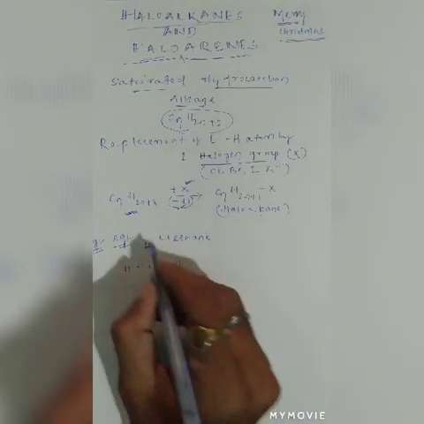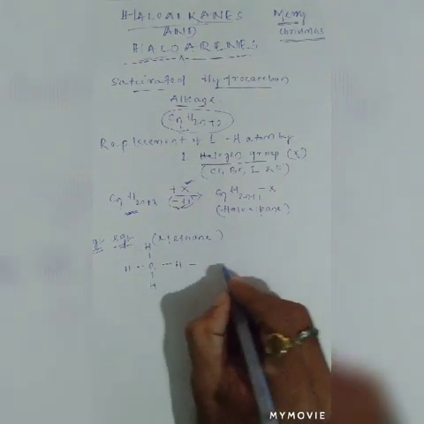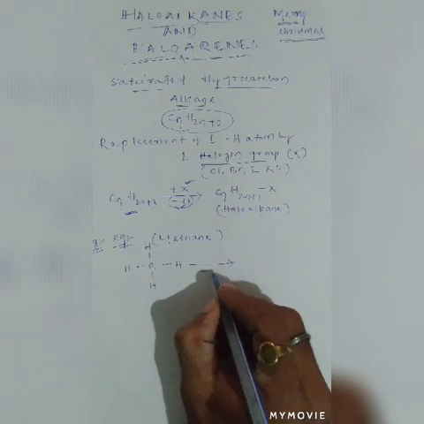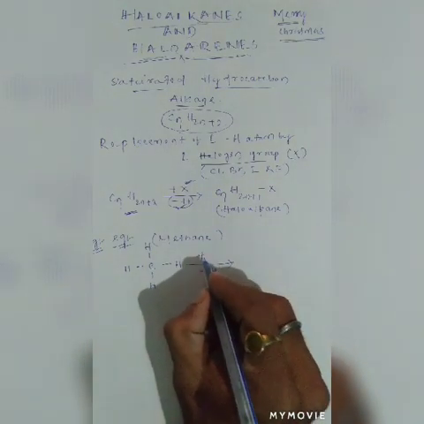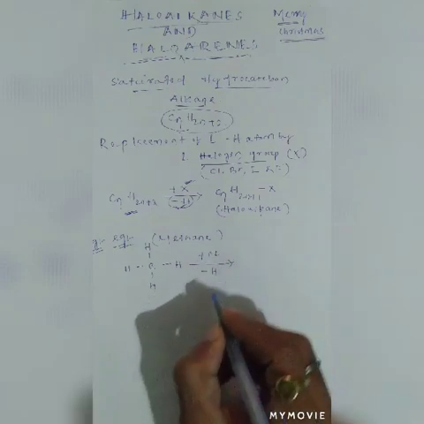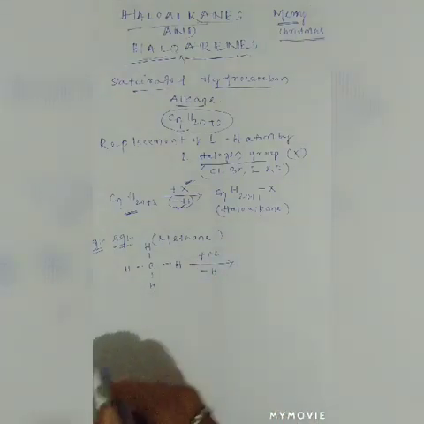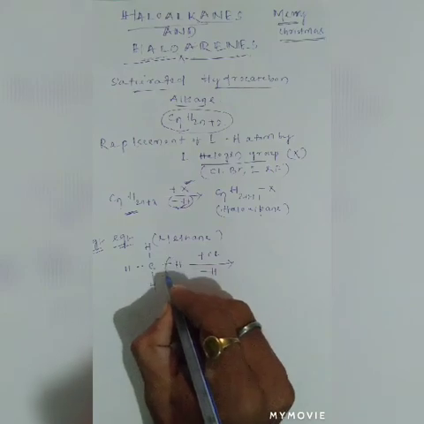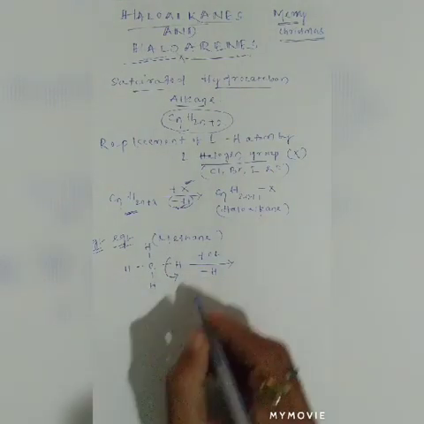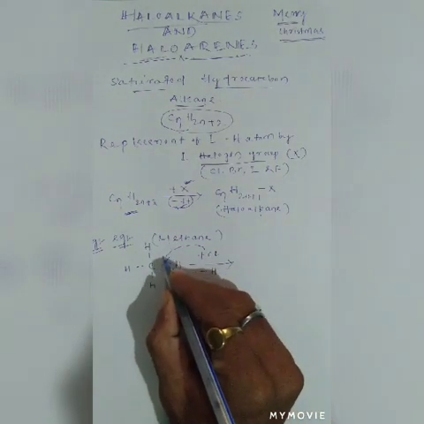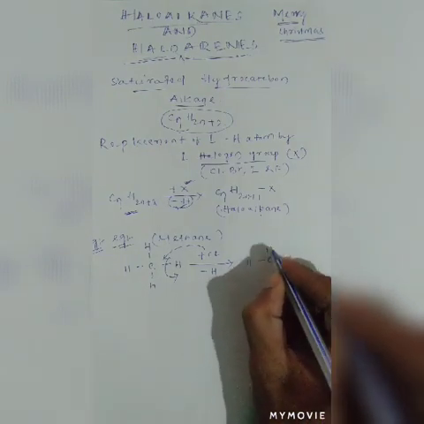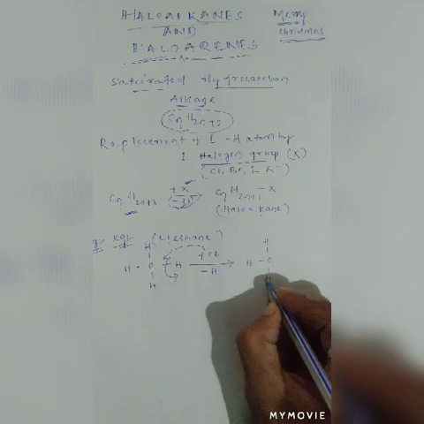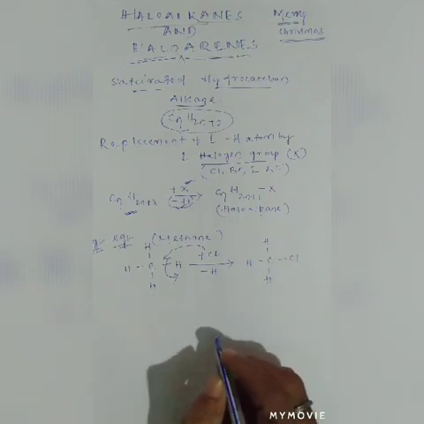Here if we remove one hydrogen atom and add one halogen group, let's say chlorine, then one hydrogen atom is replaced by one chlorine group and it forms a haloalkane, that is chloromethane.